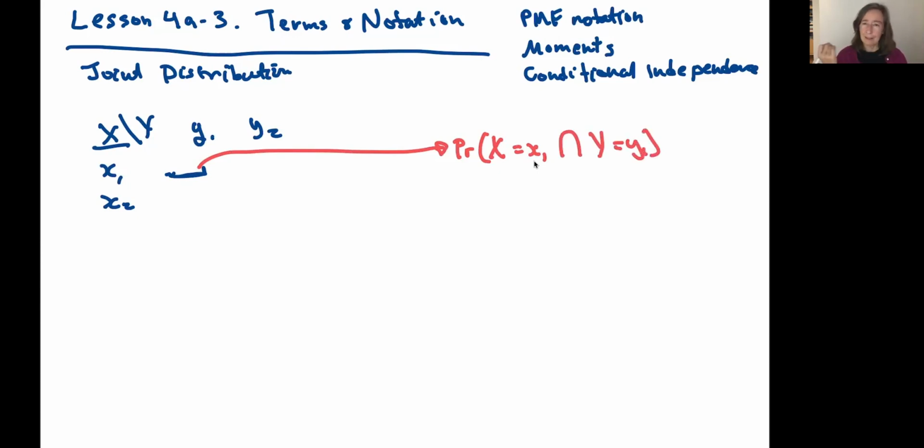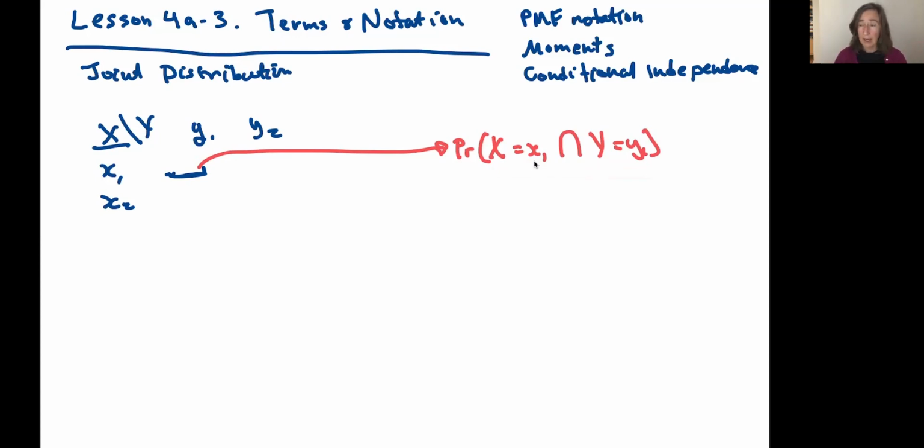At this point, most books and teachers, including me, switch out of this set-based notation, which emphasizes that we're thinking of events as sets, and into outcome-based notation.